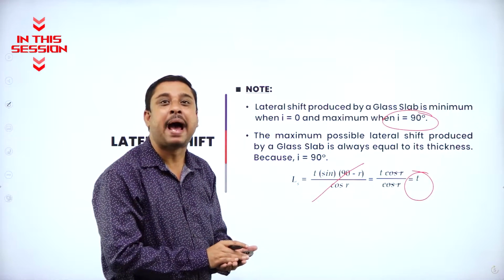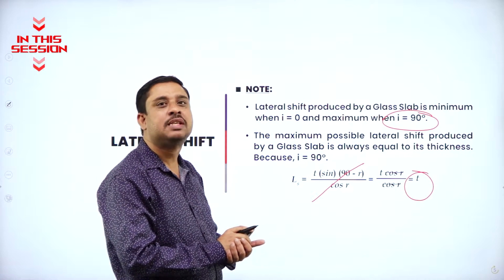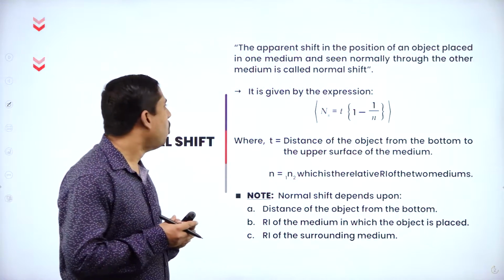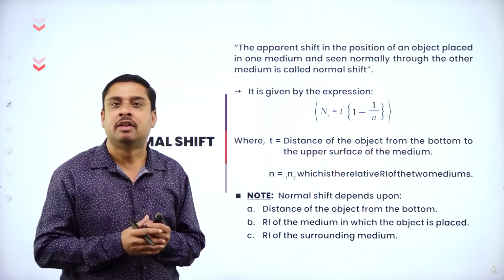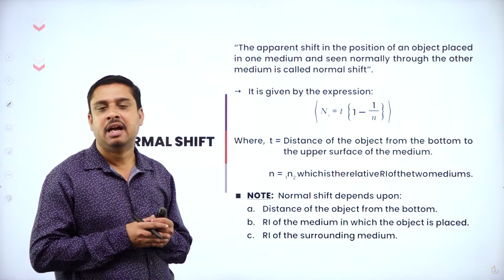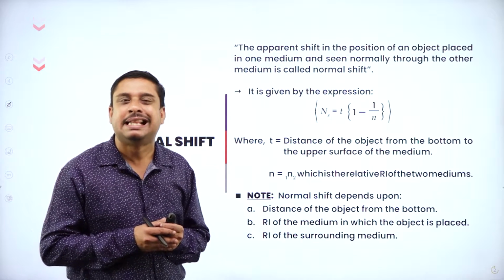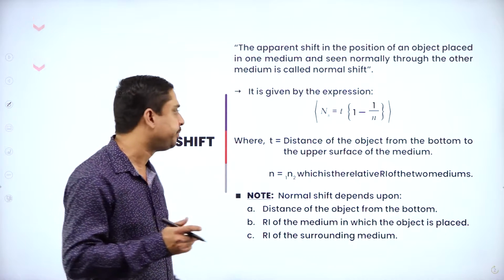So what is the maximum possible lateral shift produced? One, what we call as the normal shift, and the other one, what we call as the lateral shift.